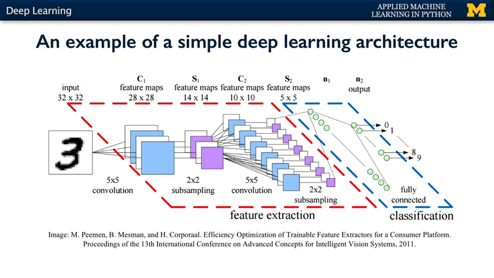Here's one simplified example of what a deep learning architecture might look like in practice for an image recognition task, in this case, digit recognition, recognizing a handwritten digit from 0 to 9, for example.